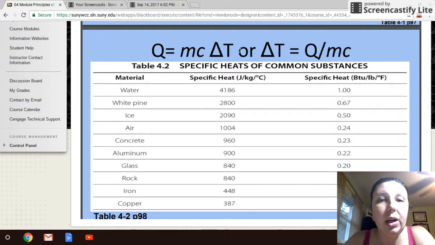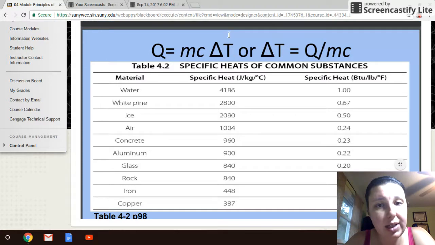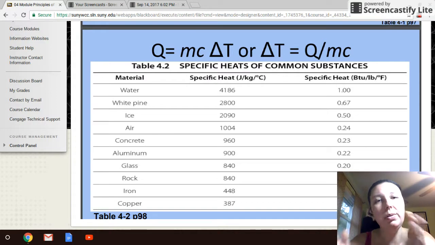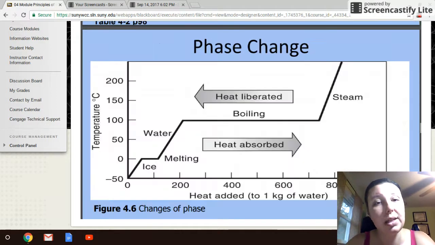If I'm working with numbers where I want to find temperatures in Celsius, for example, I will use this part of the table, right? Or if I want to know how many joules, how much heat energy I'm getting out of the system, I will use this part of the table. If I want to know how many BTUs I'm getting out of the system, I will use this part of the table. So use the proper part of the table depending on what type of answers you want in your questions.